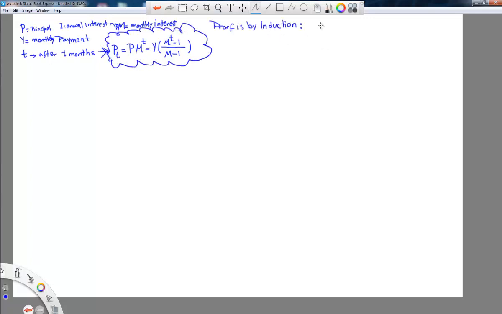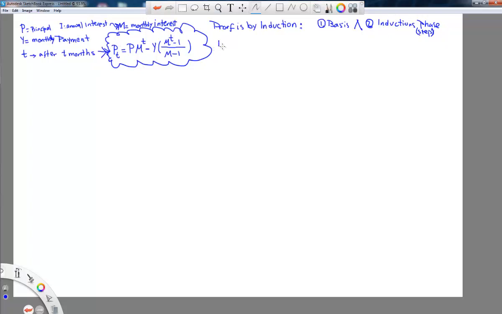So again, if you remember, for proof by induction we have to prove two cases. One, the basis case, and two, the inductive phase or the induction step. Okay, I need to prove both of these two cases to be able to show and prove this true.